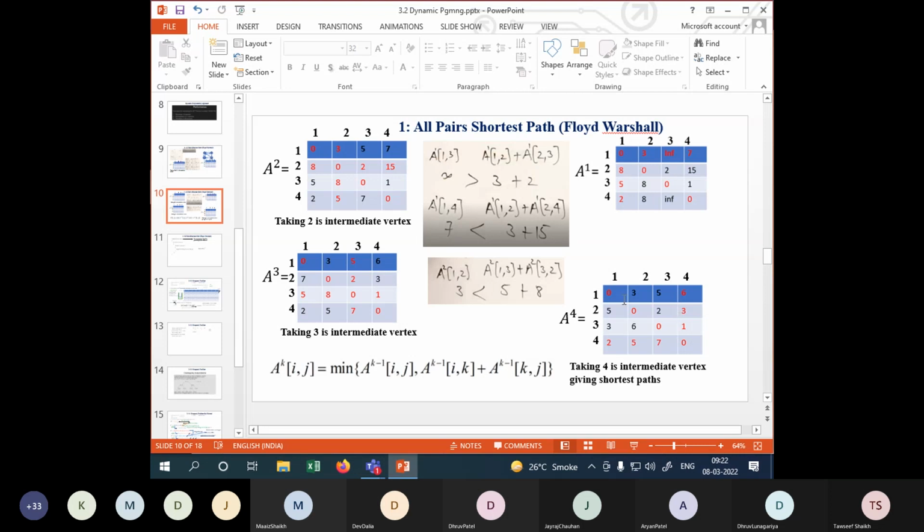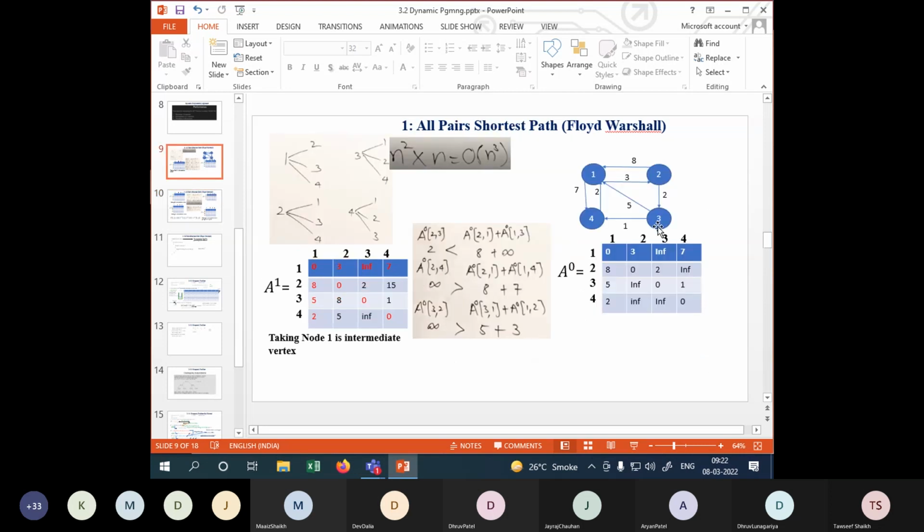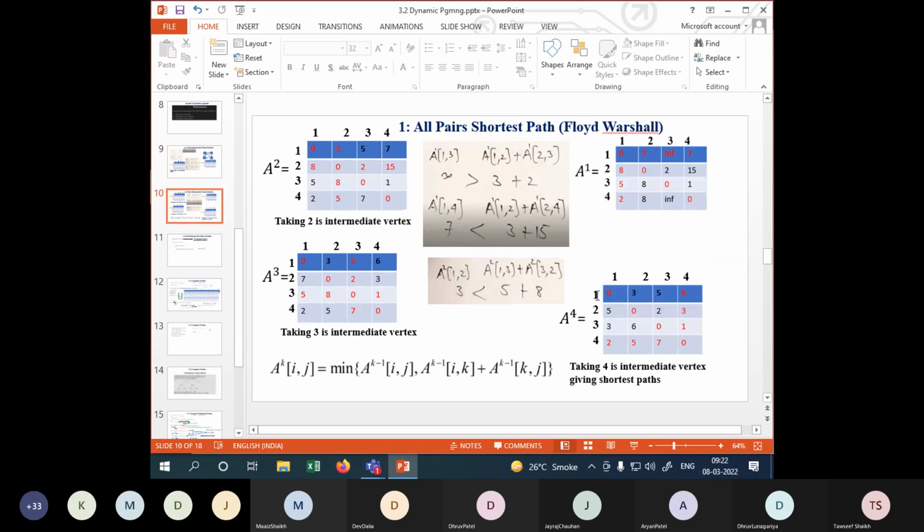So this final matrices, for this graph, gives us the shortest distance from 1 to 1, 1 to 2, 1 to 3, 1 to 4. Similarly, from 2 to 1, 2 to 2, 2 to 3, 4 to 1, 4 to 3, 4 to 4. And this will be the all pairs shortest path algorithm.